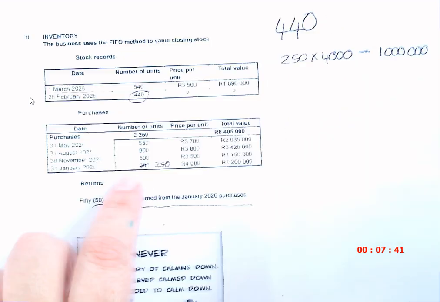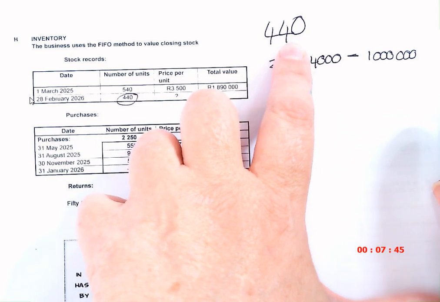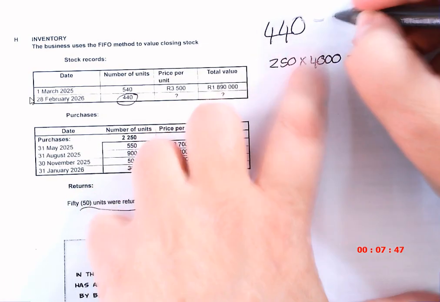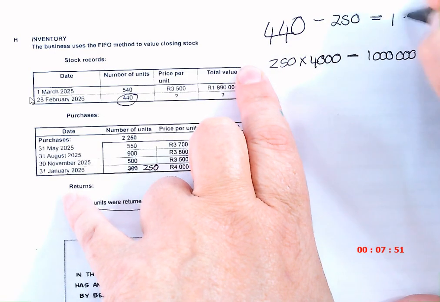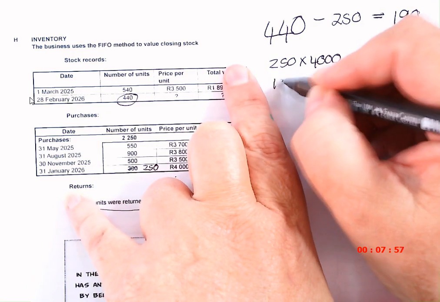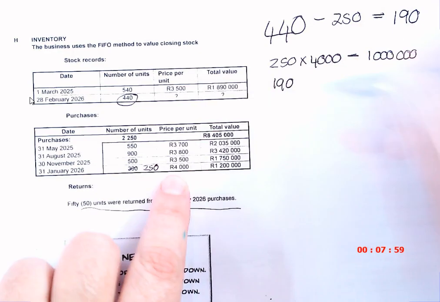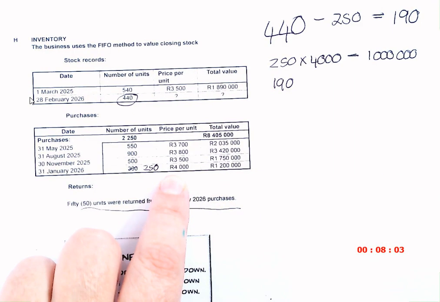Now I say, okay, I have to value 440 units. I have valued 250, which means 190 is still left. Did I minus right? So 190 must still be valued, but I can't use the 4,000 because I've already maxed out the valuation of those units.